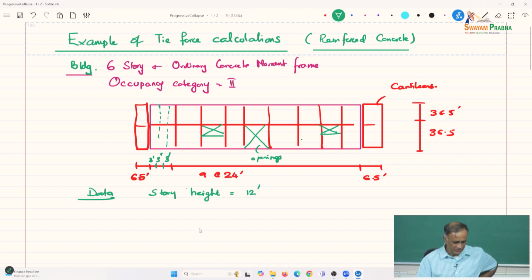So, 12 feet, first story is 13 feet, and there are 3 openings for stairwell and elevators, 1 stairwell and 2 elevators.